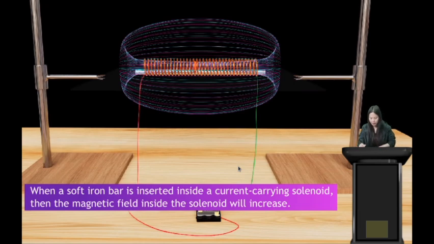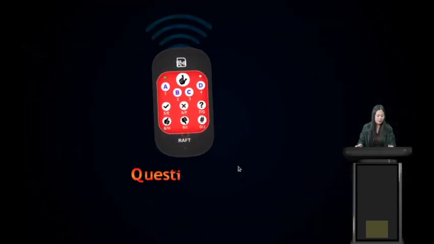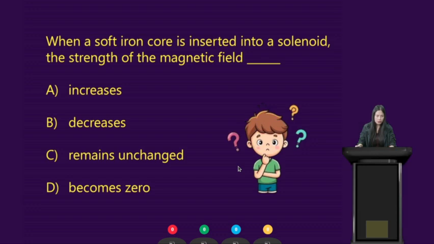Alright, students, we have another question. Please get your rough devices ready. The question is, when a soft iron core is inserted into a solenoid, the strength of the magnetic field increases, decreases, remains unchanged, or becomes zero. So we have four options.